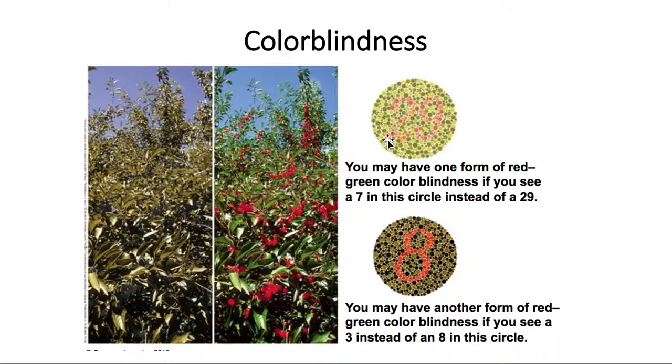So if you see a 29 here, you have normal vision. If you see a 7 here, you may have one form of red-green color blindness. Here you should see an 8, but if you see a 3, you might have a form of red-green color blindness. And this is actually quite common. And since it is an X-linked recessive disease, it's more common in males than it is in females.